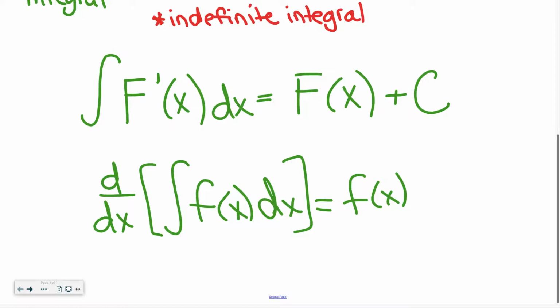Today we're really going to focus on the power rule. Tomorrow we're going to focus on some more complicated ones, along with maybe some natural log and exponential ones. Maybe some trig ones thrown in there too.